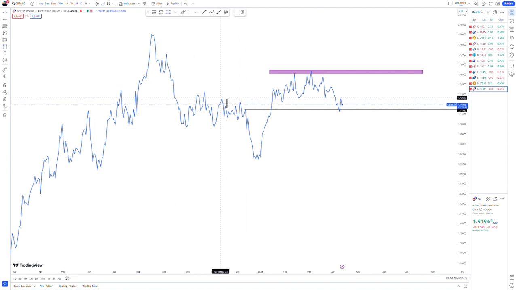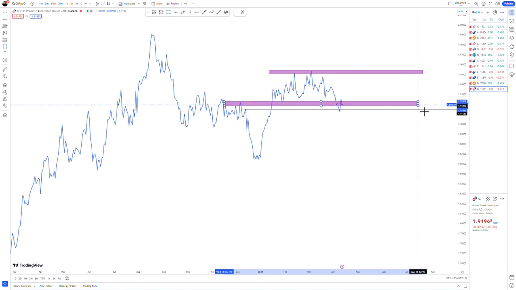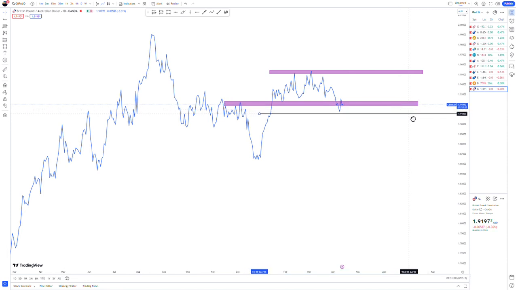So I'm going to mark this area right here. This is also going to be an area, so I'll make this an area too, and just delete that.